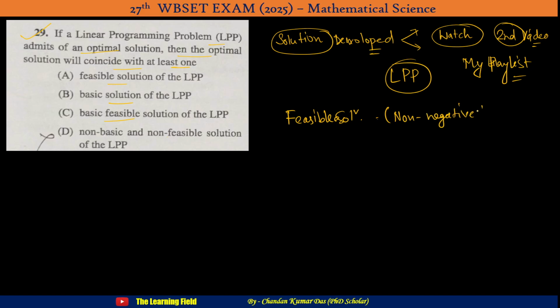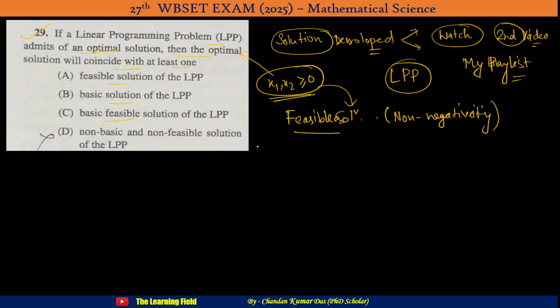That is, for any LPP we write x1, x2, these two variables are obviously greater than or equal to 0. So this defines the feasibility conditions. In any LPP, this condition is written in the problem. So a feasible solution alone does not imply the optimal solution.